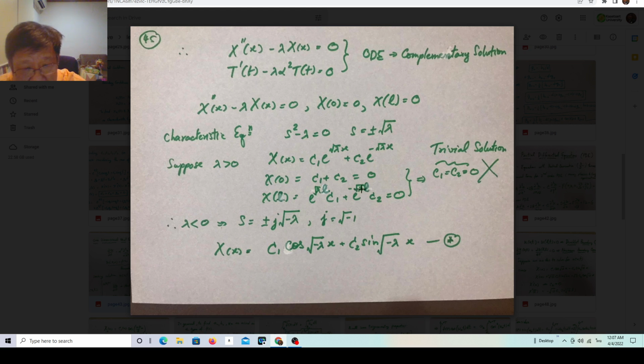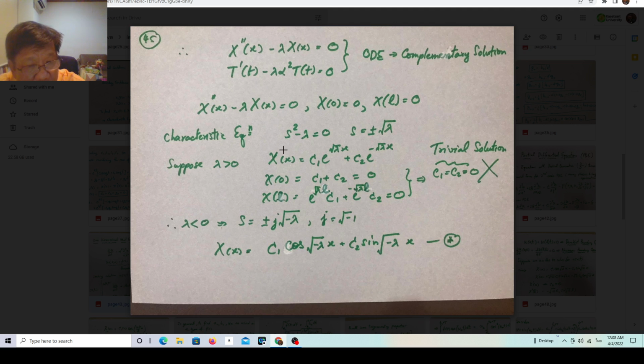Therefore, with this illustration, we can now conclude that lambda cannot be greater than 0, or even equal to 0 itself. If lambda is 0, you can take a look at both conditions. It's not going to help either, so you're going to end up with a trivial solution also. So this means that lambda needs to be less than 0.